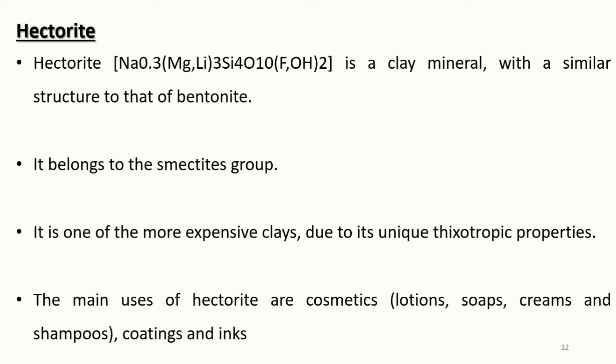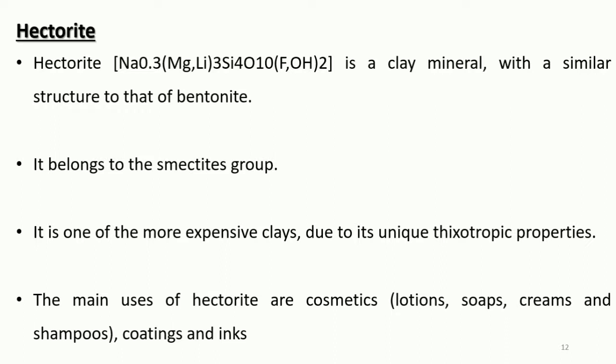It has a great capacity to absorb and adsorb because of its high specific surface. It plays an important role in industrial water purification and discoloration of oil and some other liquids. Geologically, hectorite samples are usually associated with a large amount of calcite, in some cases with varying amounts of dolomite.